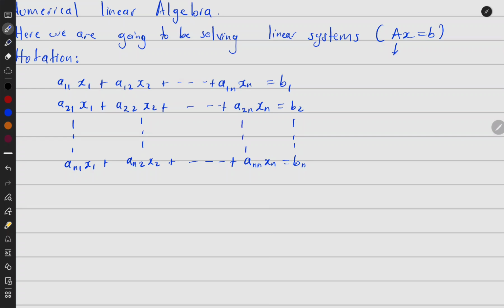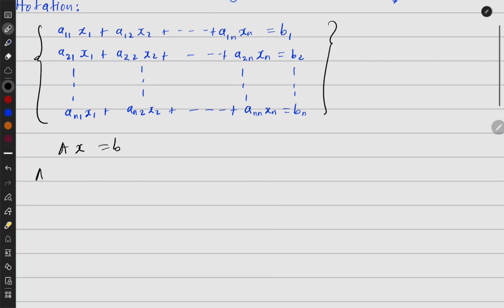Like I've said, we are solving linear systems, and from this expression we can generate this Ax = b, where our A is now the matrix which has a11 up to a1n, and this goes up to an1 up to ann.